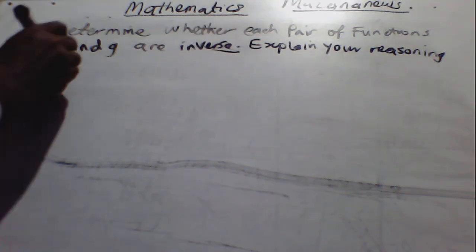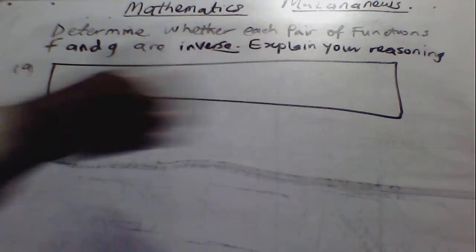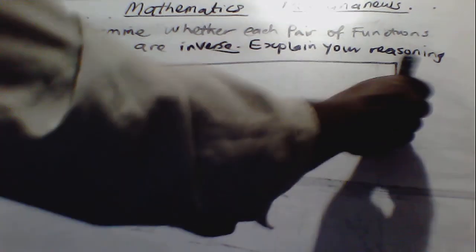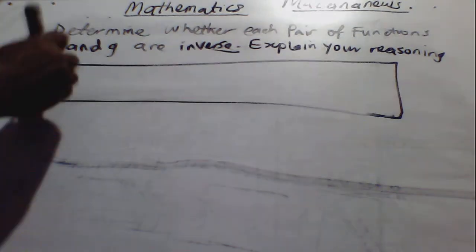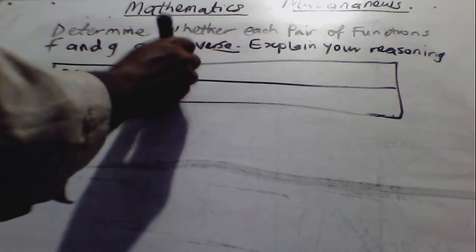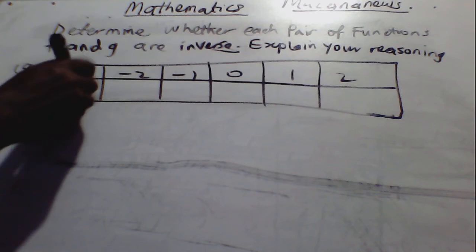So the first is, you are given this. You have x: minus 2, minus 1, 0, 1 and 2. So you have f of x.